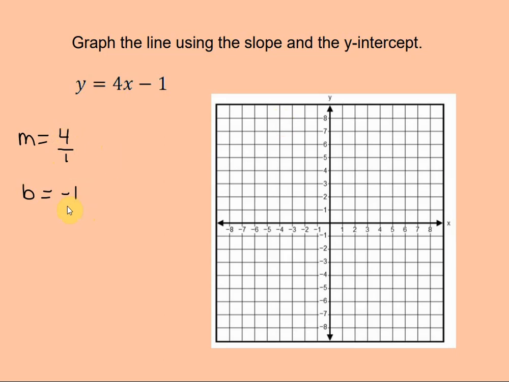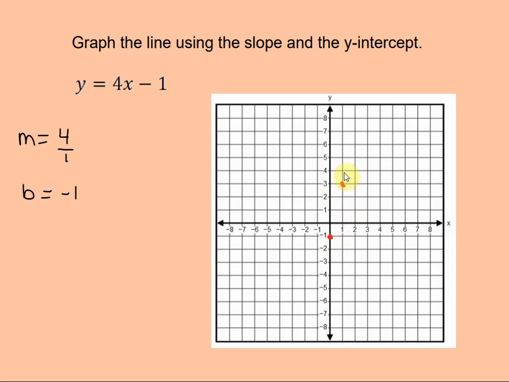So we will begin at -1, which means from our origin we need to go down 1 and put a dot. And then my slope, again, it's rise over run, so I'm going to rise 4 spaces from my y-intercept, rise 1, 2, 3, 4, and run 1. And that's where I would put my next point.